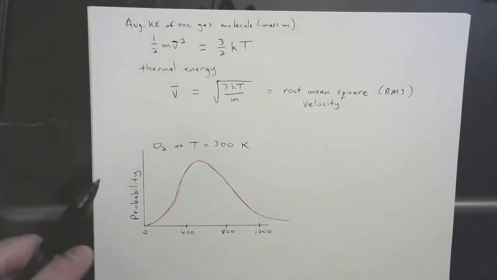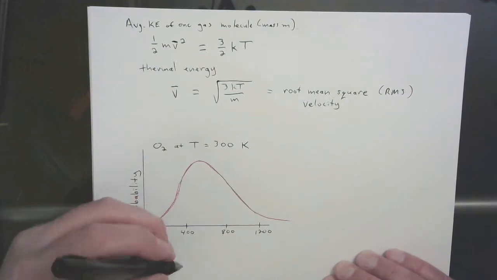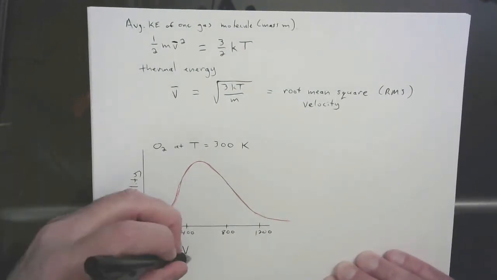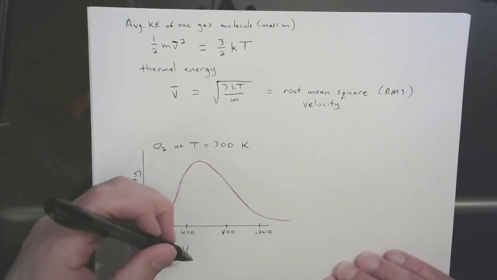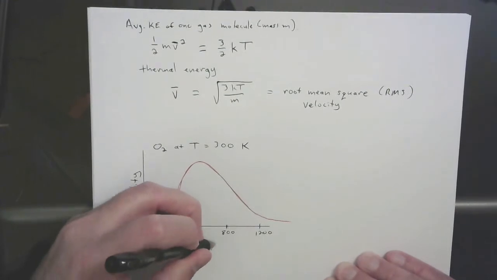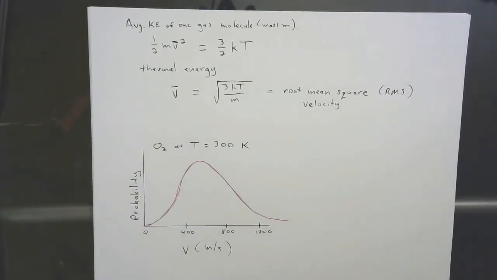All right, what's this thing I drew down here? It turns out that the average velocity, or the root mean squared velocity, is not the only velocity that is present. I forgot the label here. This is on the x-axis. It is velocity with a v, in meters per second, and it's approximately right for oxygen molecules at room temperature.